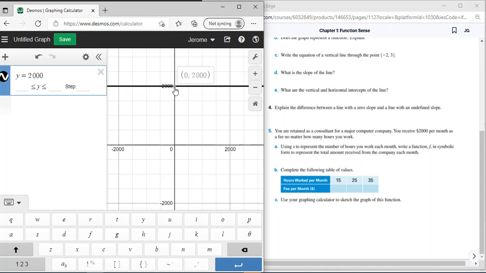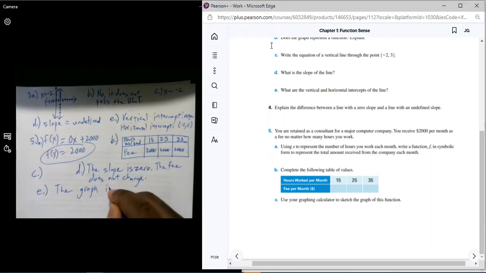So you could put down for E, the graph is a horizontal line through 0, 2,000. All right. Any questions?